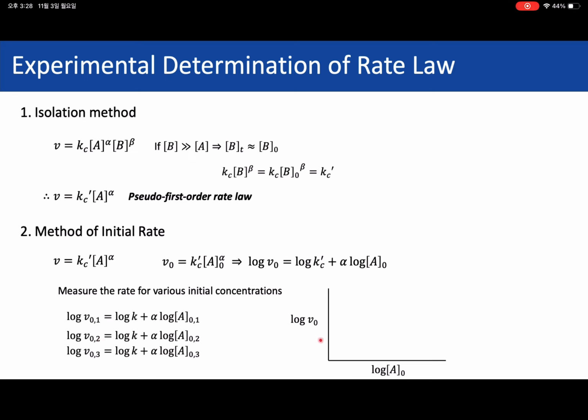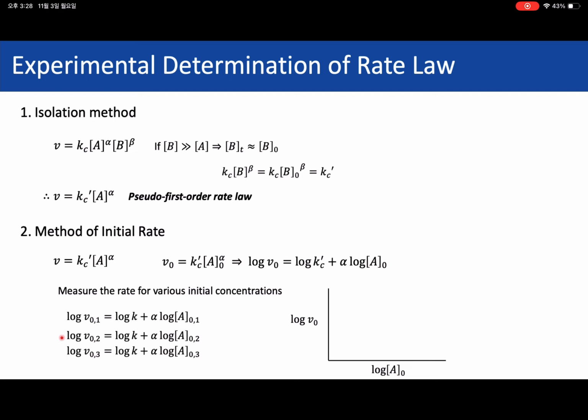And as we discussed in the previous slide, we can estimate this V0 from the time evolution of the concentration of species A by pressure monitoring, monitoring conductivity, or spectrophotometry.